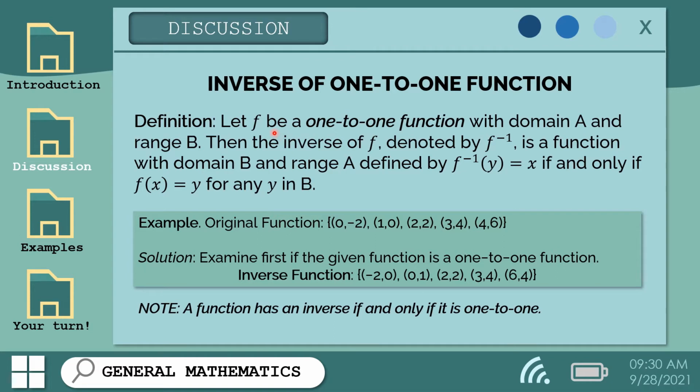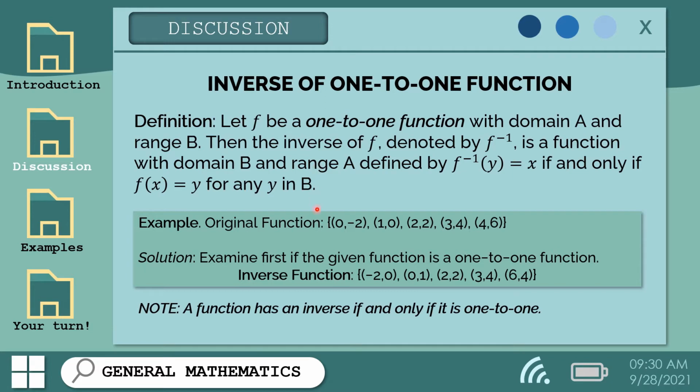Let f be a one-to-one function with domain A and range B. Then, the inverse of f is a function with domain B and range A, defined by f inverse of y equals x if and only if f of x equals y for any y in B. If you notice, by definition, the inverse function has its domain and range reversed. It is denoted by f raised to negative 1.